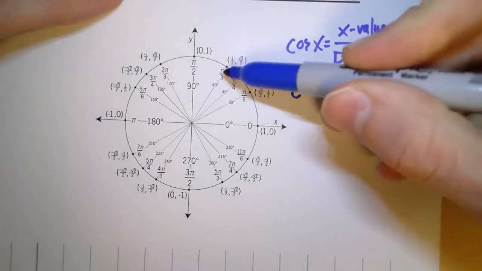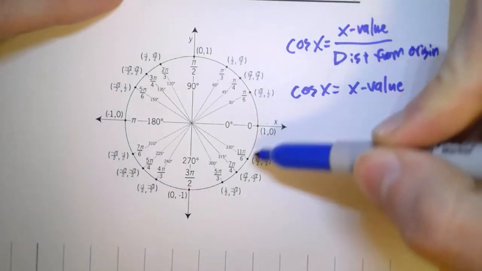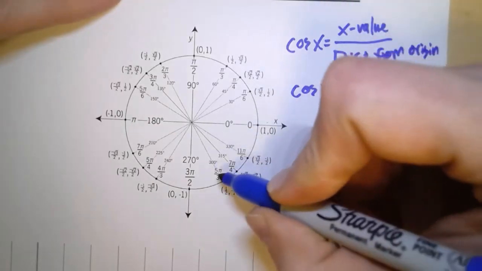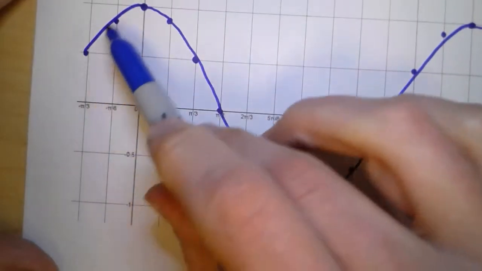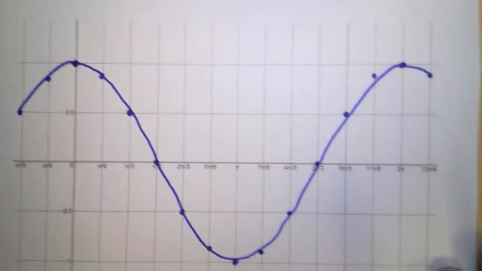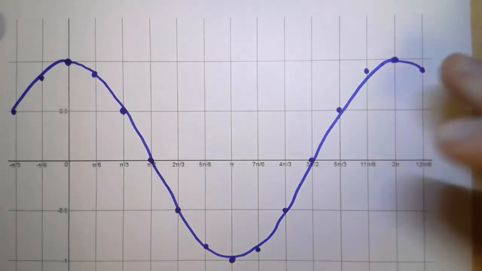And then here's positive pi over 3, so that's how much rotation is there. And then we rotate down, and so negative pi over 3 is the same as positive 5 pi over 3. And so that is what that part would look like. And so here is what our cosine function graph looks like.